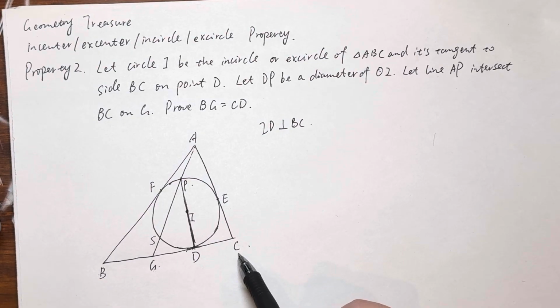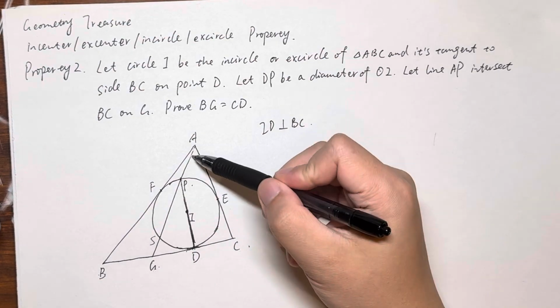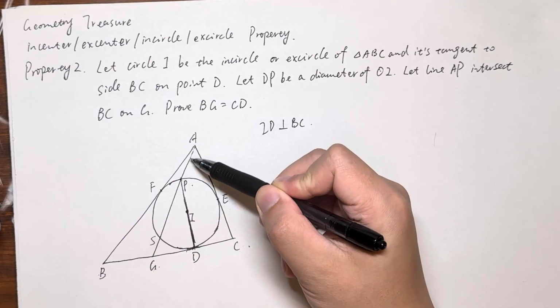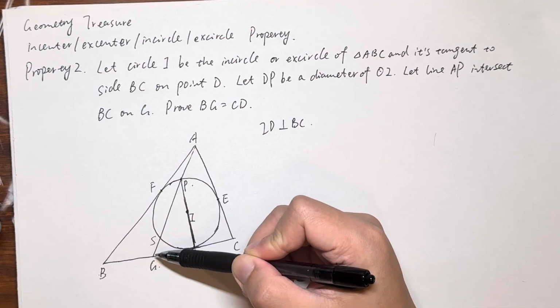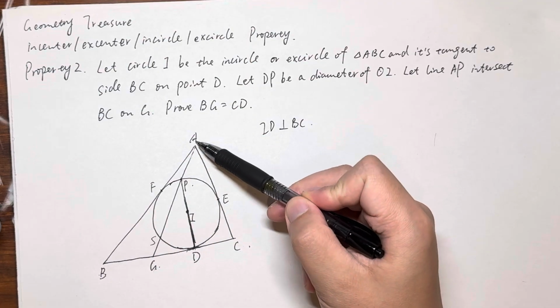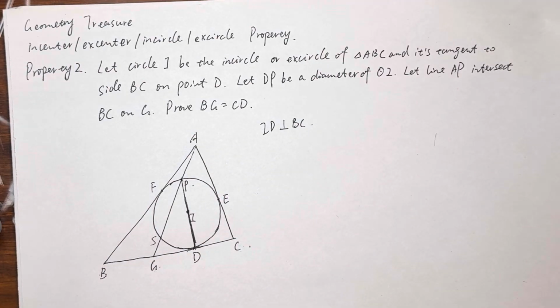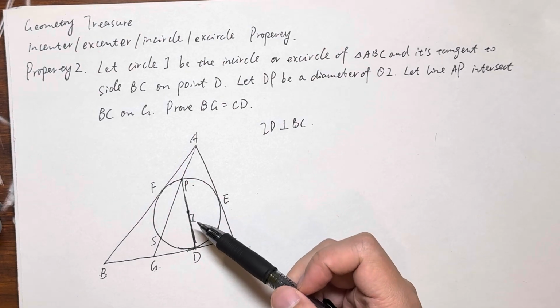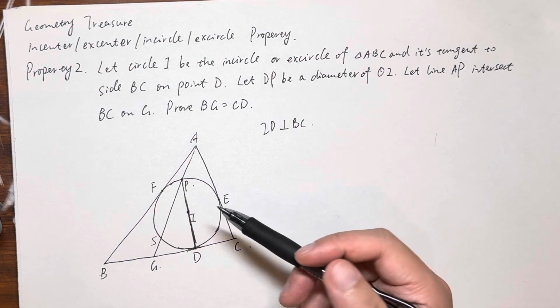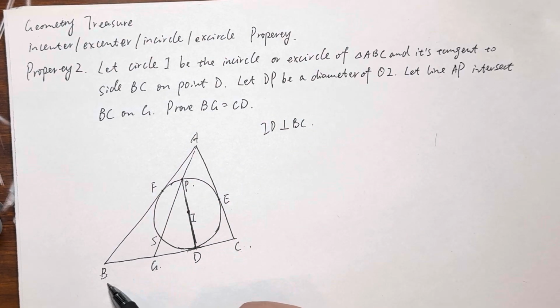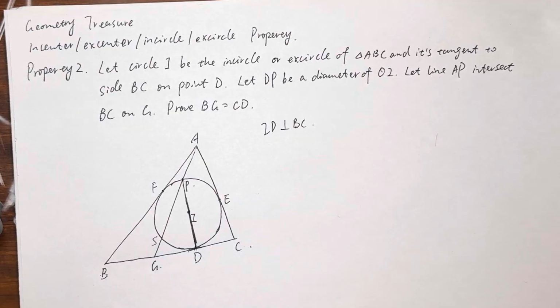That means AG is a common side of the triangle ABG and the triangle ACG. So if we can find a way to relate the sides CD and BG into this AG, then maybe we can solve the problem.